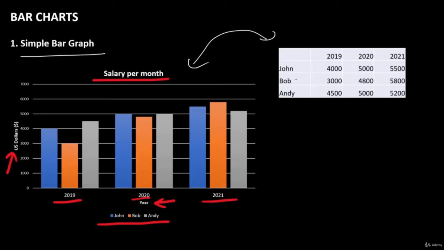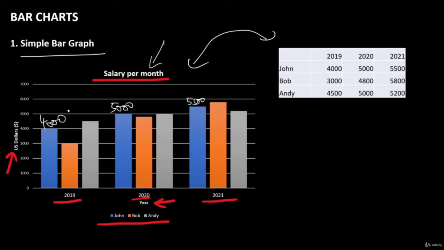For John, the salary per month was $4,000 in 2019, 5,000 in 2020, and in the year 2021 that's 5,500. So that is a simple bar graph.